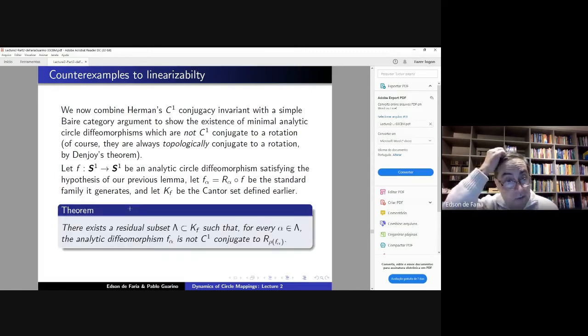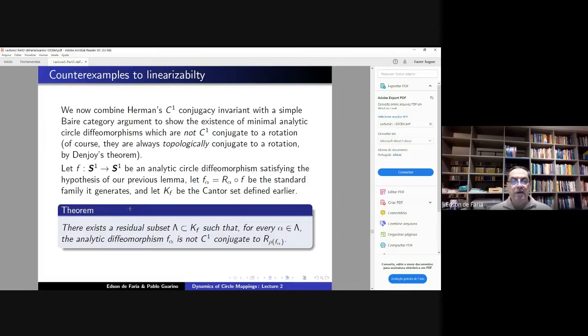So let's look at, given an analytic diffeomorphism satisfying the hypothesis of the lemma, in other words, no power of it is equal to the identity, okay? So you consider the standard family associated with it. So you precompose with the rotations R alpha, let alpha vary.